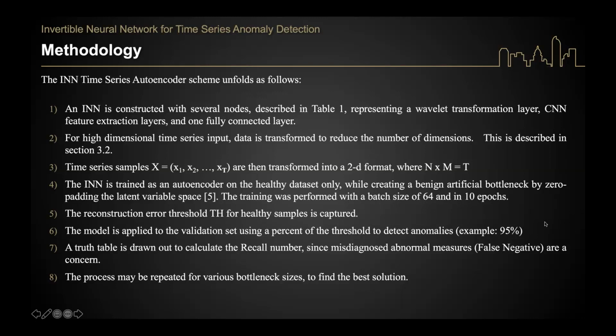So if it's higher than that, that's an anomaly. Then a truth table was constructed, and we repeated this for various bottleneck sizes of that Z. That's because that bottleneck is artificial to begin with, so it was interesting to see, can we get by without any bottleneck, for instance? And it turns out we actually can.